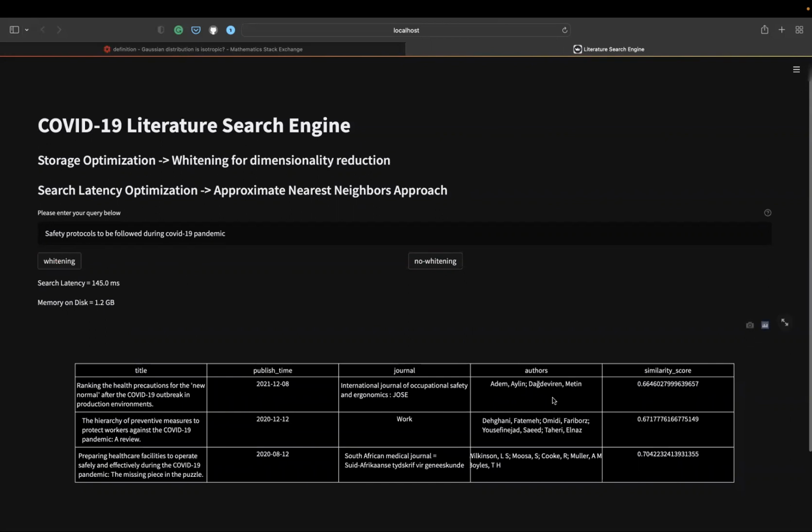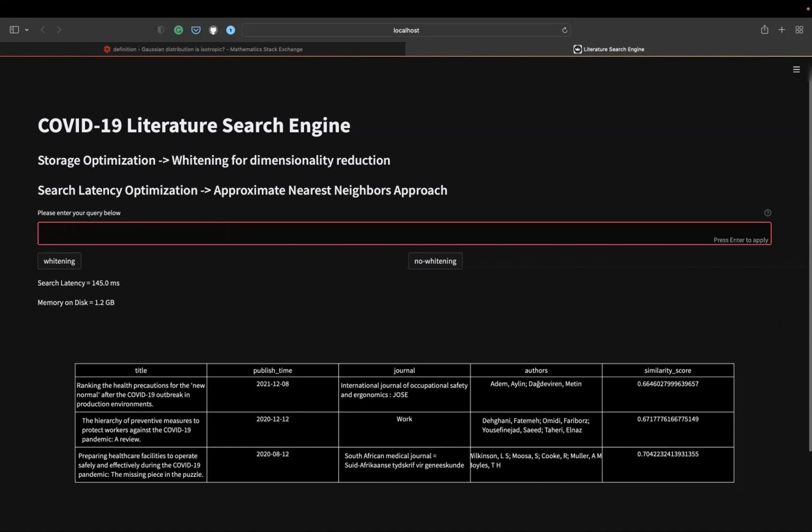With whitening it was 80, 75, 71. Here it is 70, 67, 66, and these are a bit different titles. Even though these are a bit matching with respect to the query, the whitening transformation was able to give more accurate predictions with a very high similarity score compared to without the whitening procedure.